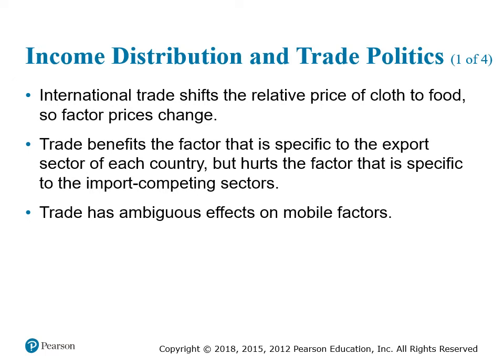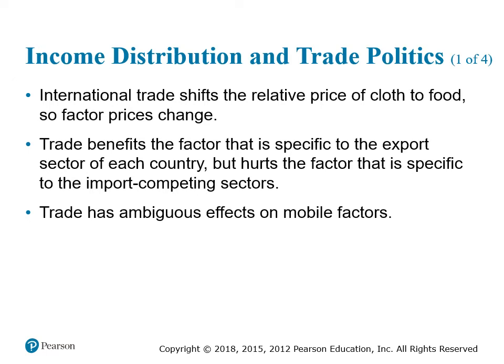And the owner of land who were engaged in the production of food will be the losers. Why? Because they have to compete with the importing of, for example, food from abroad. So that's why they will be the losers of international trade.